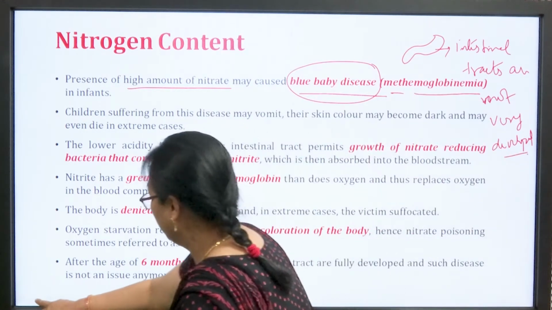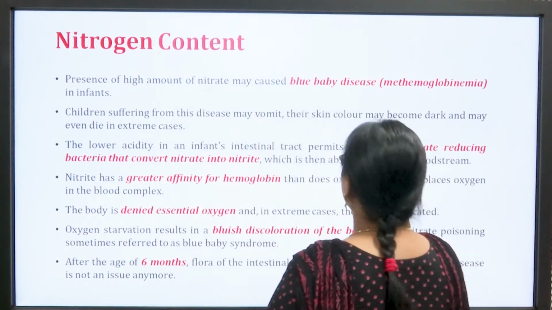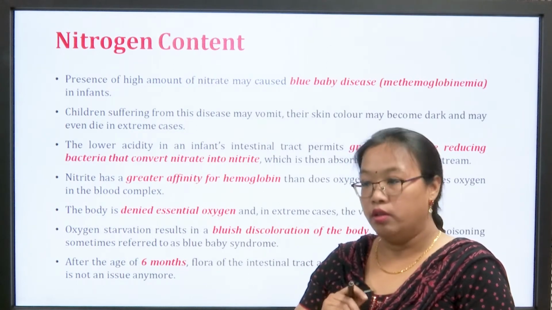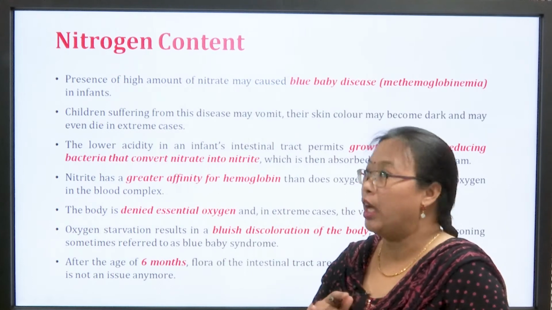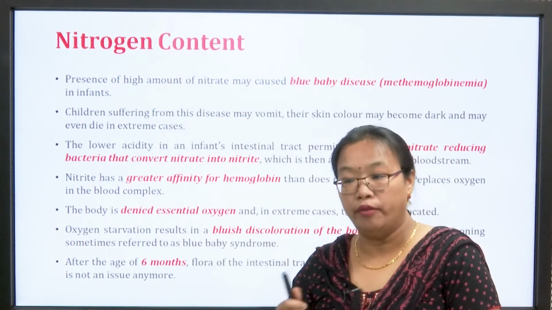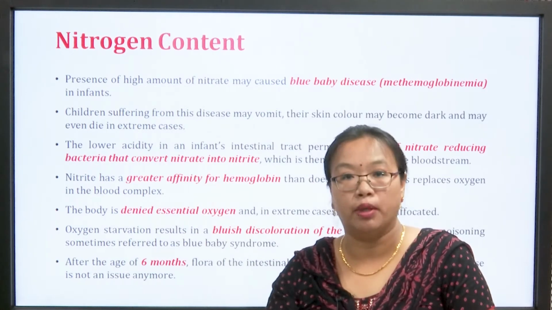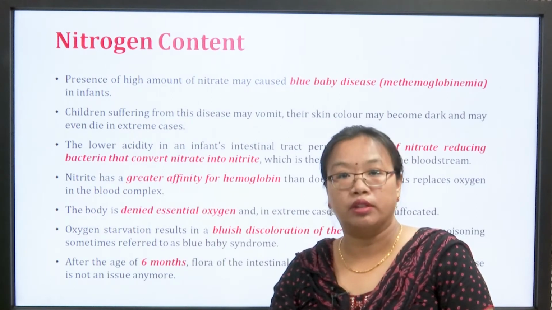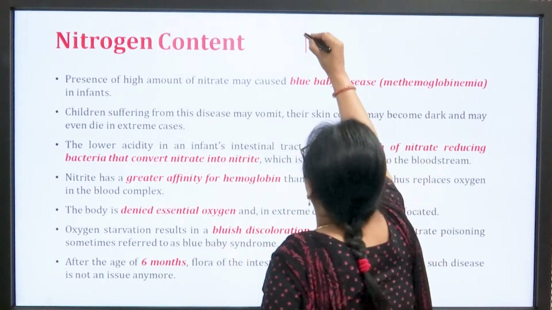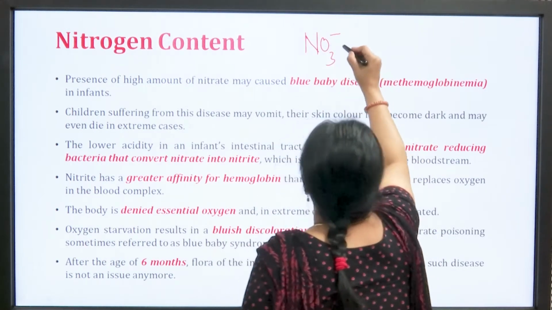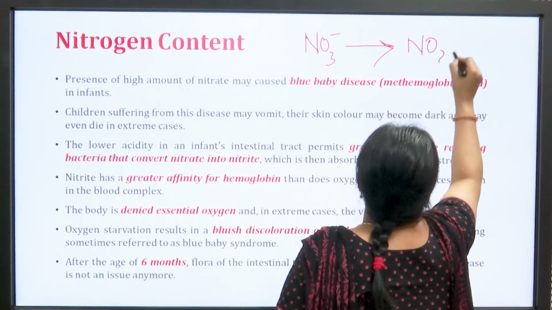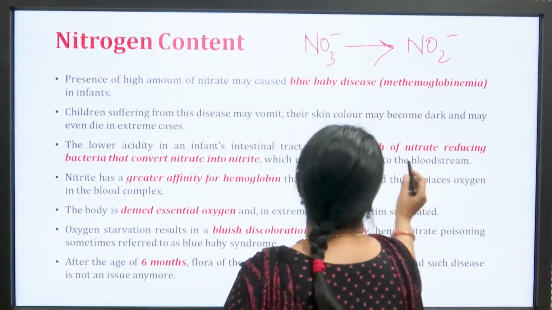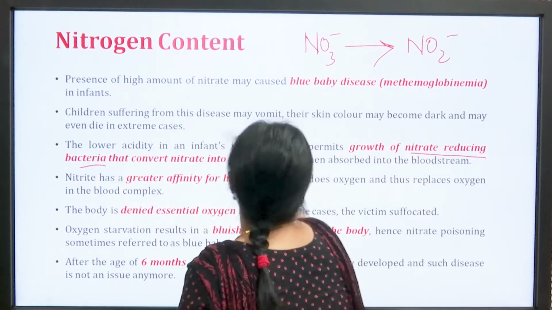So, if your water has a high amount of nitrate, say for example more than 45 ppm of nitrate, and an infant younger than 6 months, since their intestinal tract is not well developed, consumes that water either through milk or some other way, the nitrate is going to be reduced to nitrite by nitrate reducing bacteria, right.